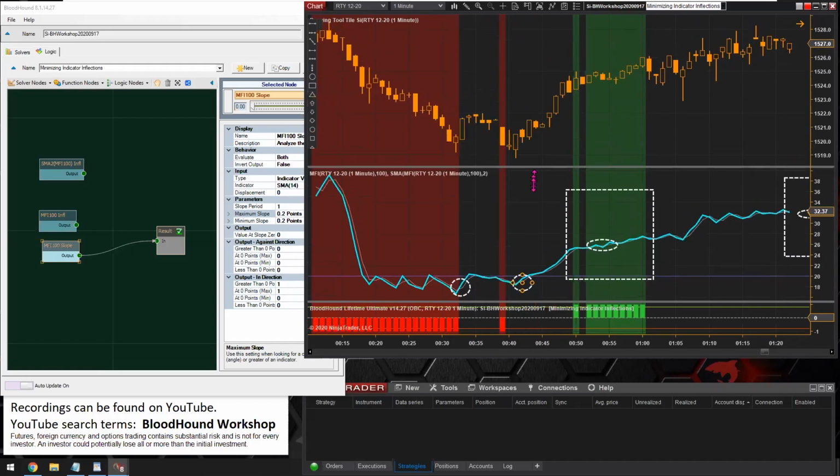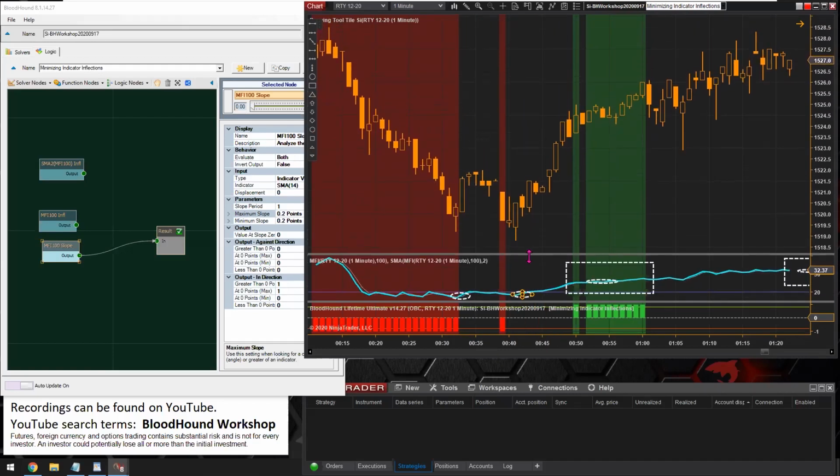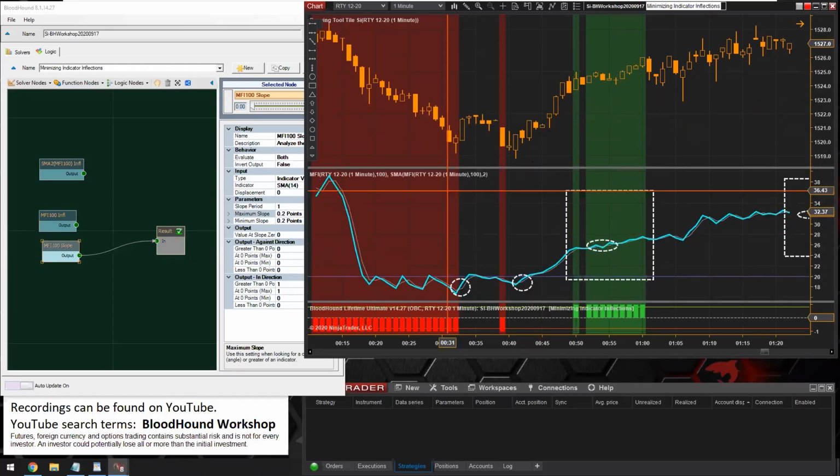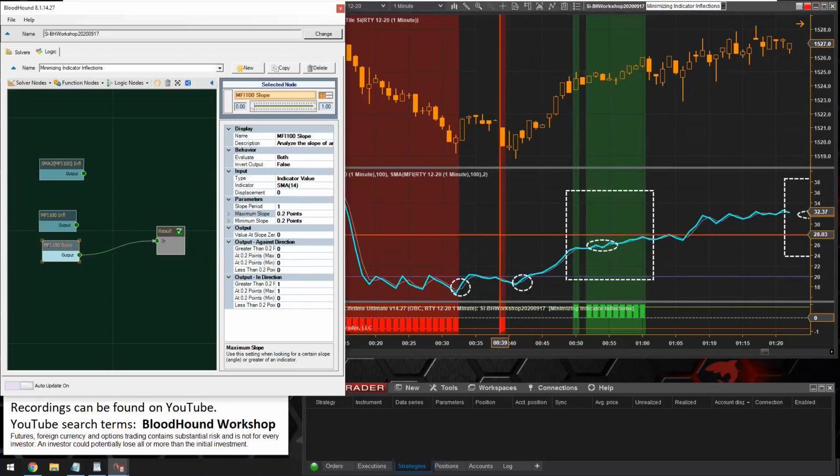So I can already tell that if I squish the indicator down here, you would definitely expect to see an inflection right there and right there. However, the slope solver is not giving an output. So the slope solver would remove these inflection points, which definitely would not work here. So I can tell already that for this particular indicator, in this situation, the slope solver is not going to solve my problem. It's just not going to work here.